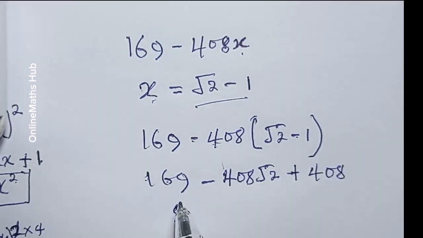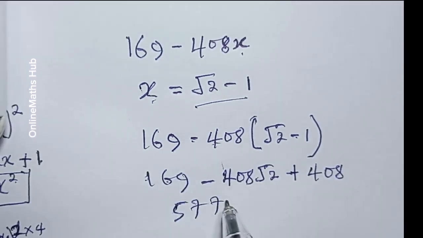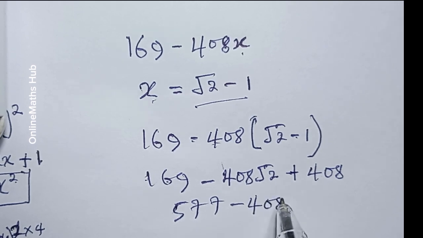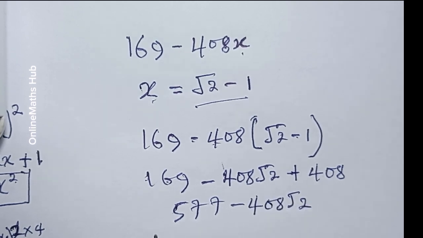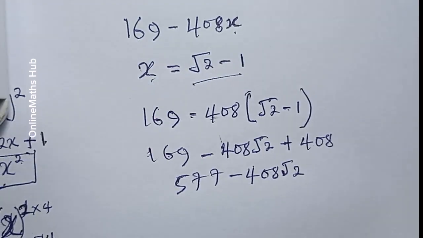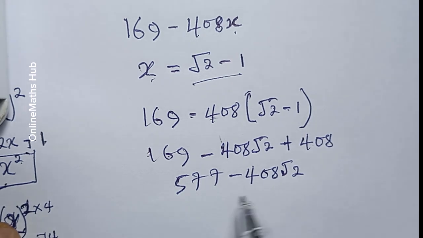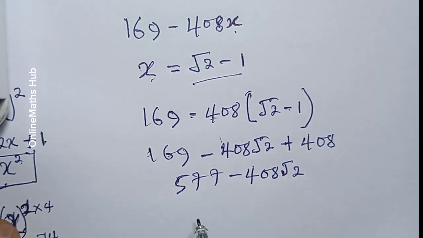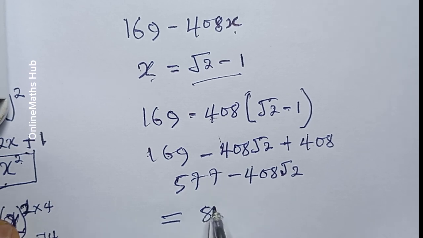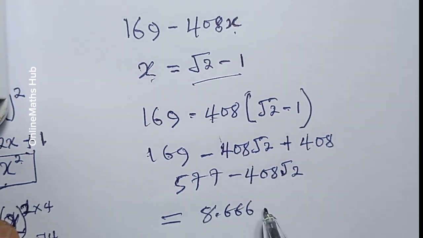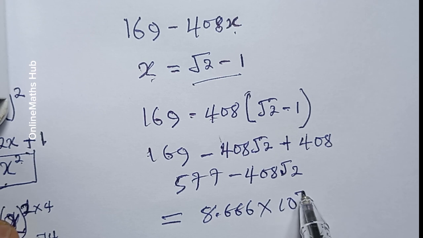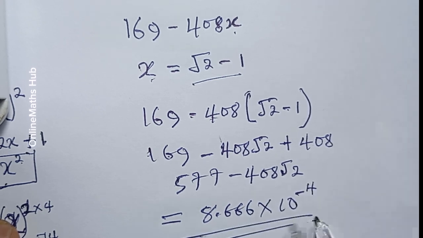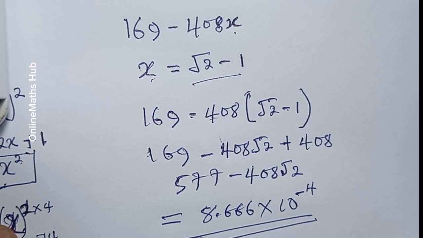If you add this to this, you're going to be having 577 minus 408 root 2. So this is actually going to be the answer. And then of course if you compute this in your calculator, you're going to see that this will be equal to 8.666 multiplied by 10 raised to power minus 4. So this is the final answer to this problem.